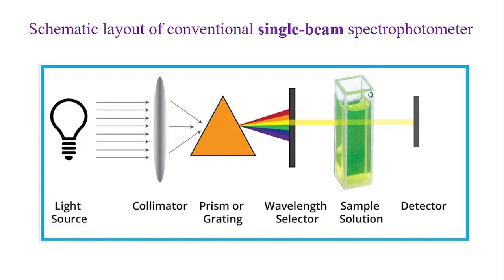After this, the collimator converges all the light that is falling on it on a prism, and this prism diverges those light rays on a wavelength selector. The wavelength selector here is a monochromator that we talked about earlier. After this monochromator, a specific wavelength of light falls on a sample solution, and from there, the light falls on the detector.